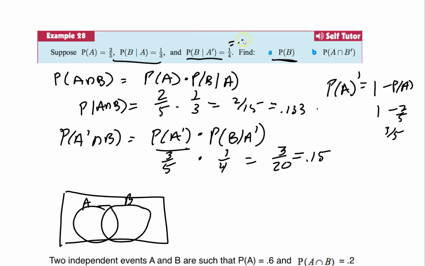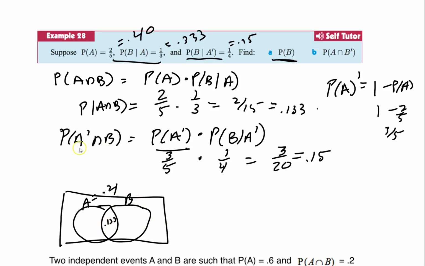This is 0.25. This will be 0.33. And this will be about 40%. Remember, A is the whole circle, so that's 0.4. I could do some fractions, but it's a little easier with decimals. The intersection we found was 0.133.